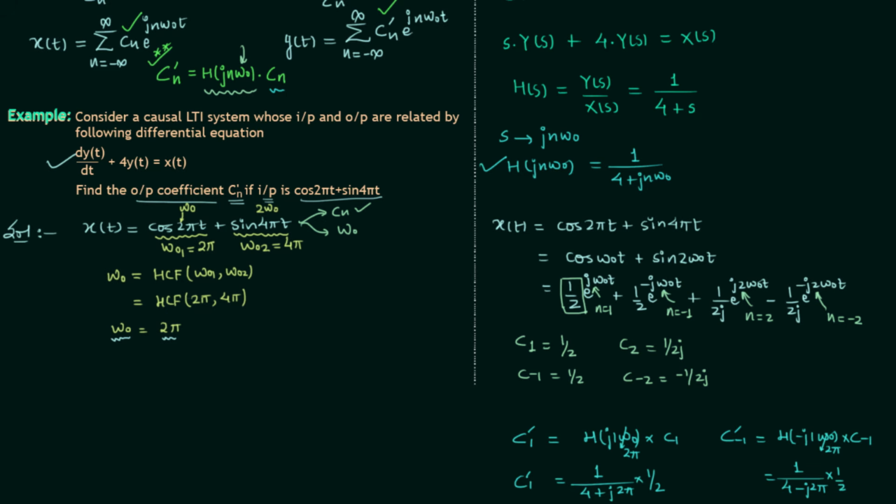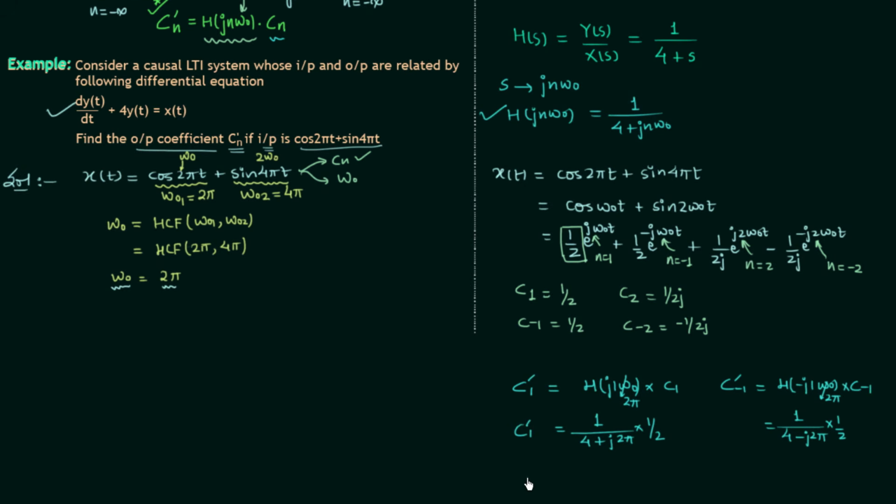After this, we will calculate the coefficient c2'. It is equal to H(j2ω0) multiplied by c2. ω0 is equal to 2π. So from here, c2' is equal to 1 over 4 plus j4π multiplied by 1 by 2j.